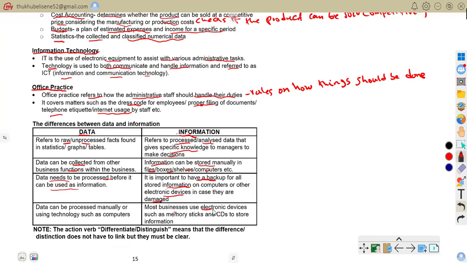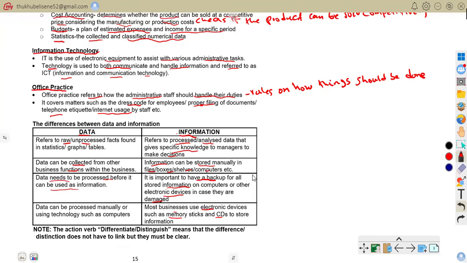Most businesses use electronic devices such as memory sticks and CDs to store information, for example, saving reports on your USB flash.